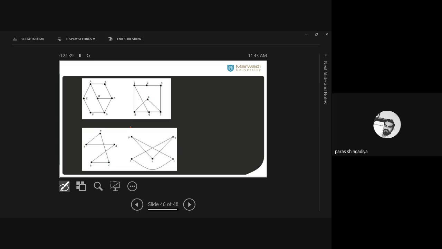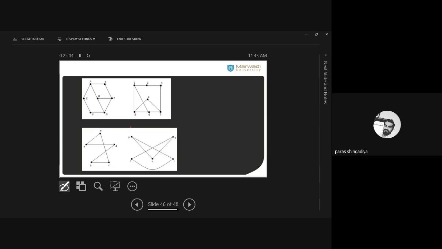This graph has 7 vertices. It also has 7 vertices. Okay, now check the edges. Okay, 9 edges are there. Both have 9 edges. ठीक है, दोनों में 9 edges है, and 7 vertices.